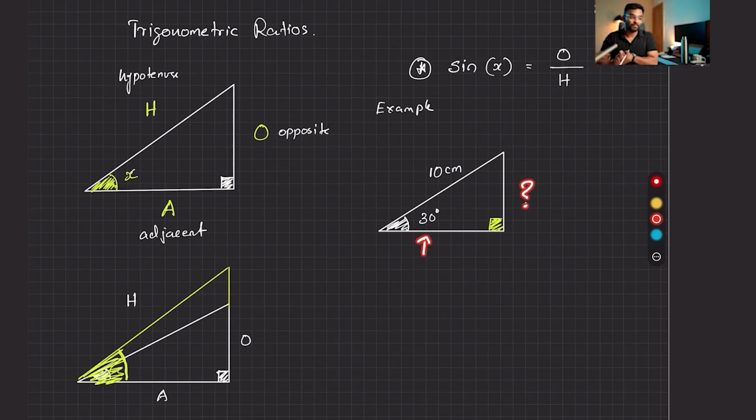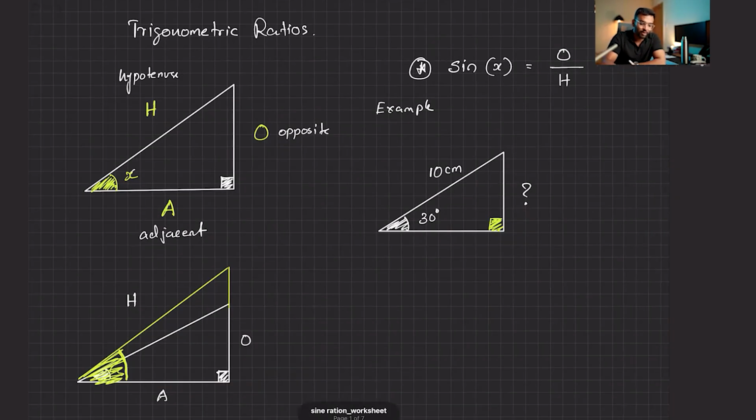Trigonometric ratio. Did you understand this, everyone? Why we ditched Pythagoras for a while? We're not going to use Pythagoras. So this is an example. Are you guys clear on this? Just say yes if you are.